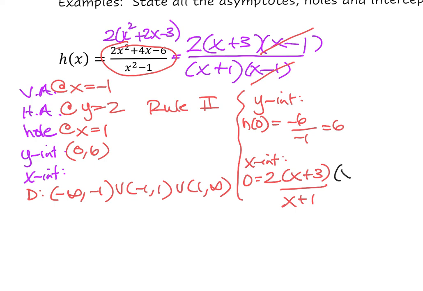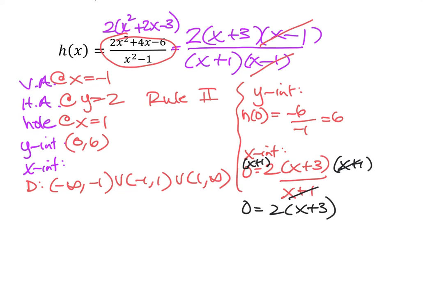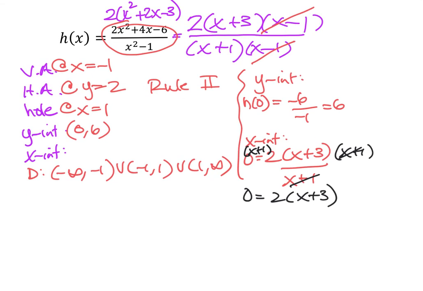I'd multiply both sides by x plus 1 first, and I get 0 equals 2 times x plus 3. So the idea is with rationals, when I'm finding my x-intercepts, I'm only concerned with when the numerator equals 0, because that's when our whole function is going to be 0, when you have 0 over something. So the only thing that will make this work would be -3.